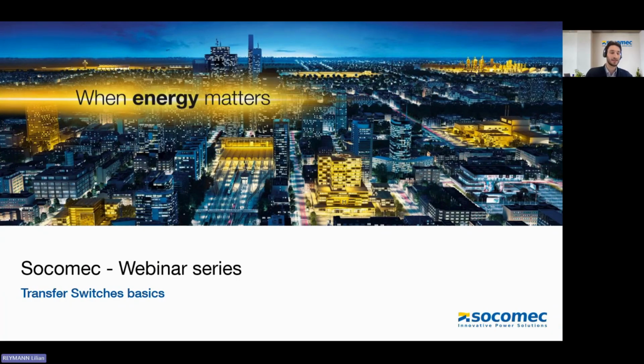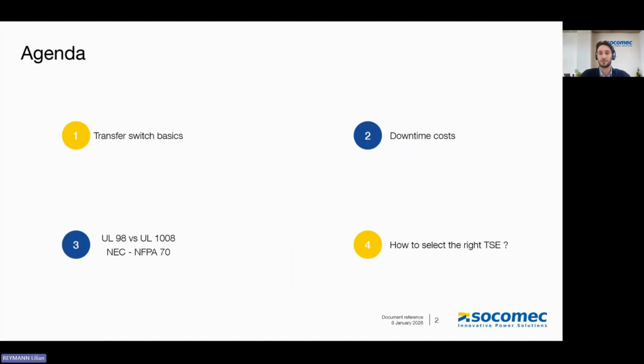Hello everyone, this is Liam from Socomec. Today we will go through the webinar series. Today I will take care of the transfer switch basics. Our first topic will be the transfer switch basics. We will go through the operation modes, the transition modes, and then we will see the downtime costs with the power unavailability, depending on different average businesses, different sizes.